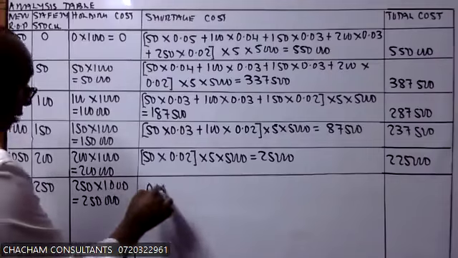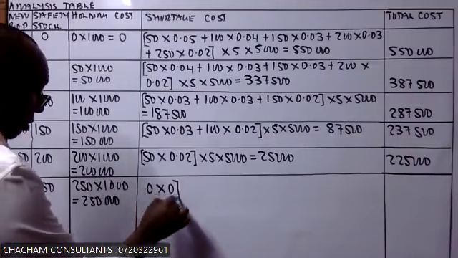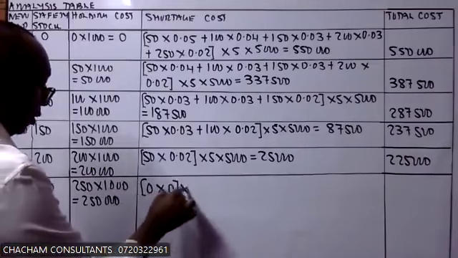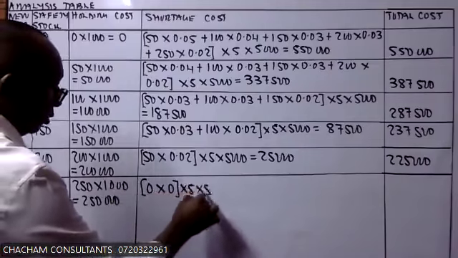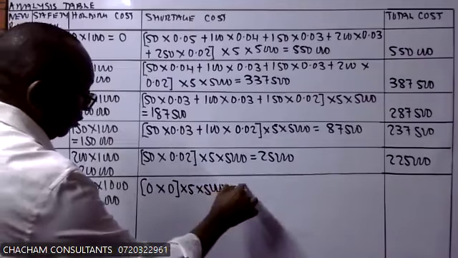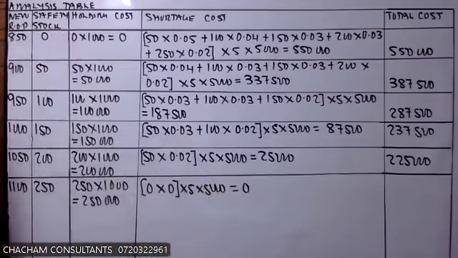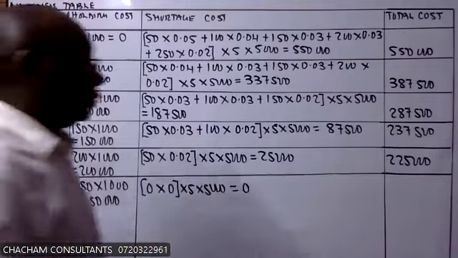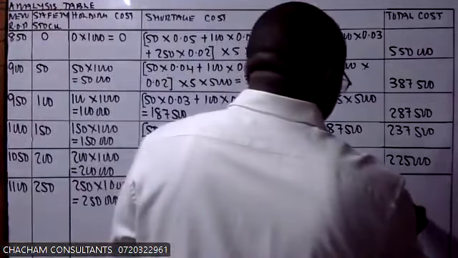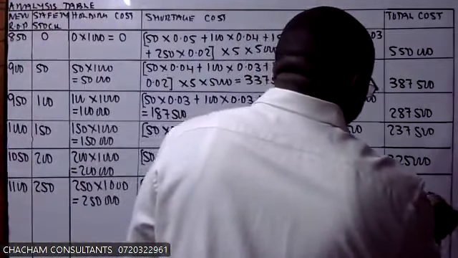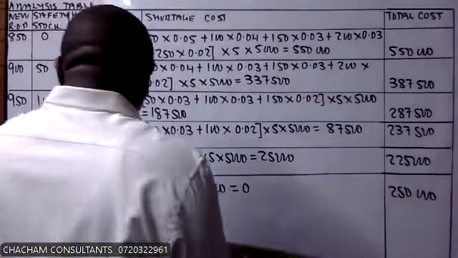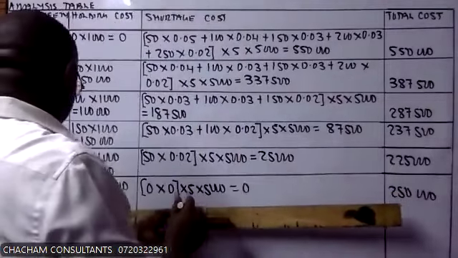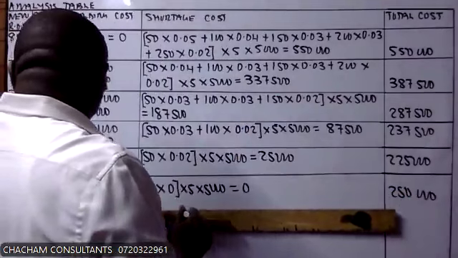The probability of it happening can't happen, so the probability is 0. You multiply by 5,000, and this gives you 0. Therefore, the total here is 250,000.